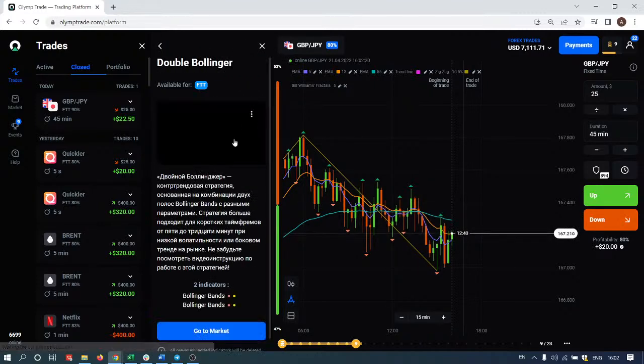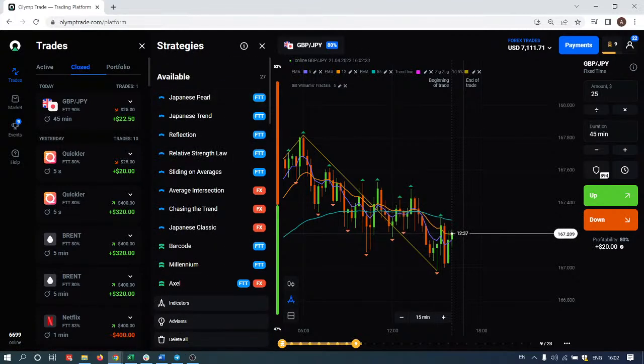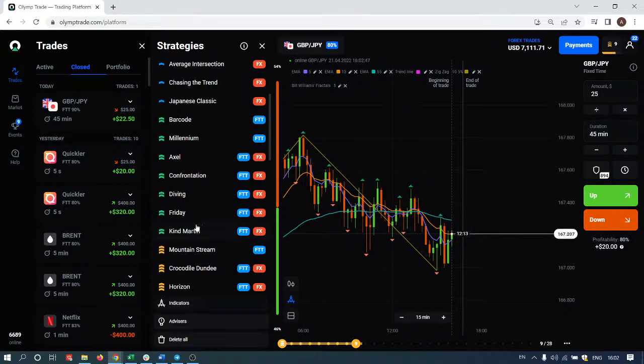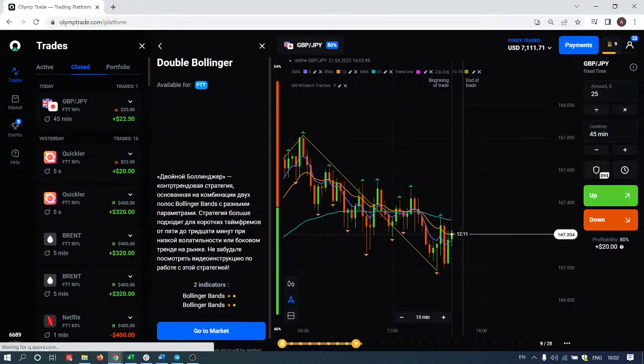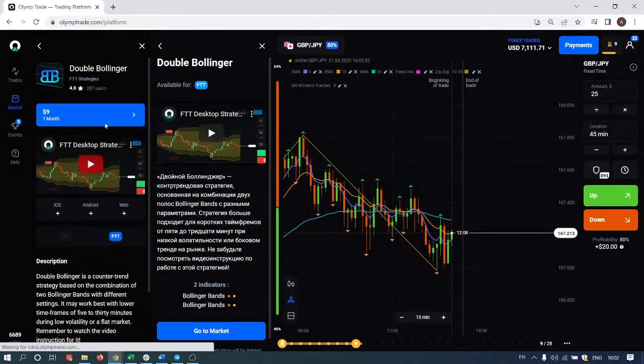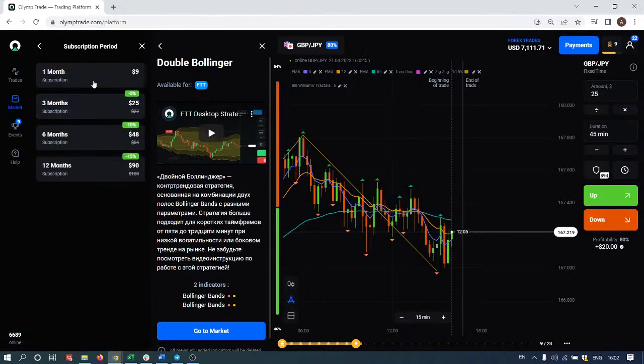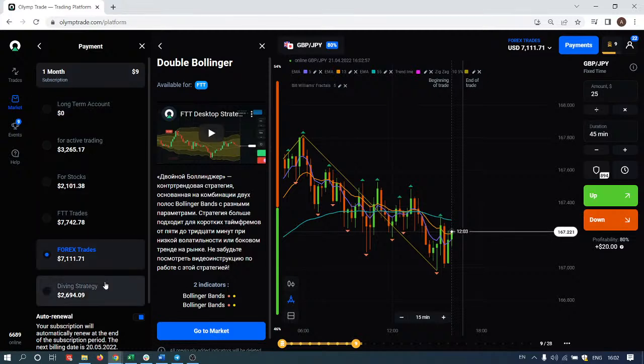Okay, let me go ahead and unlock this trading strategy. I will need to purchase it because it is one of those strategies that you need to purchase separately. So you go to unlock, press go to market, and I want to purchase this for 1 month.